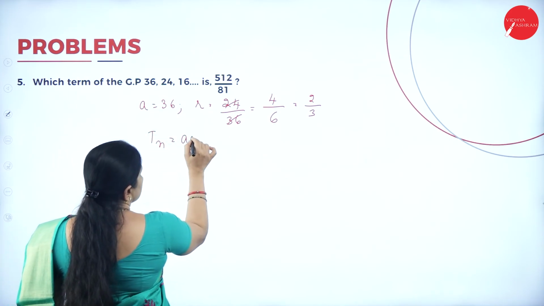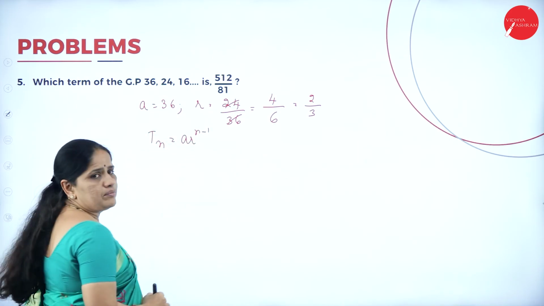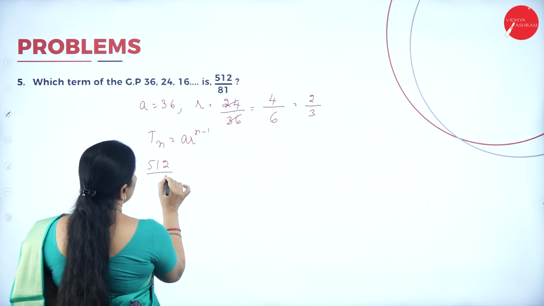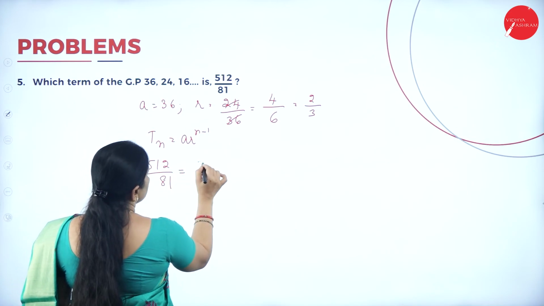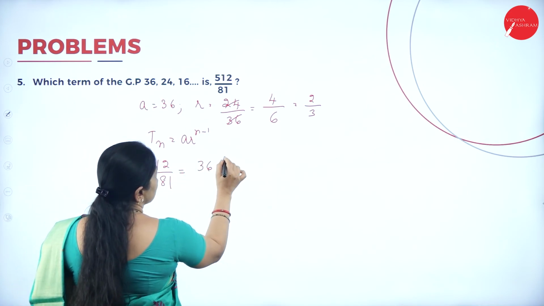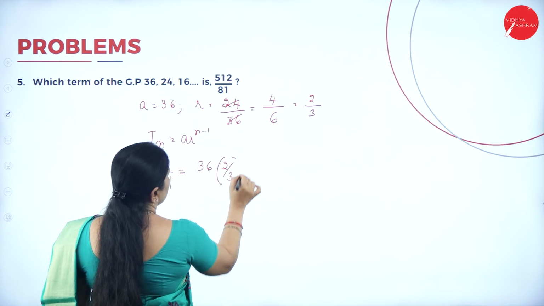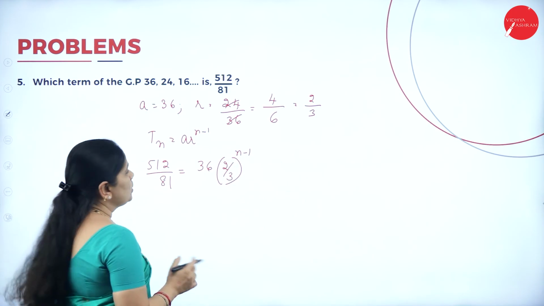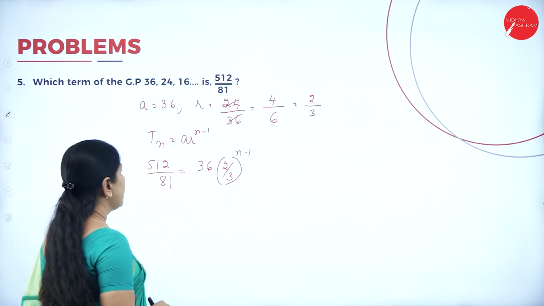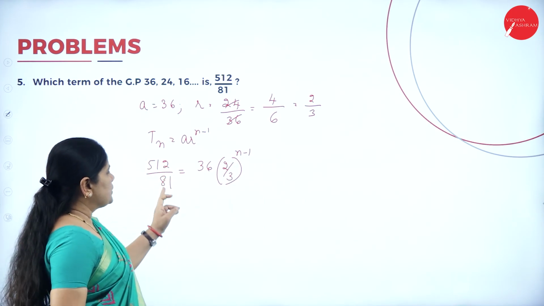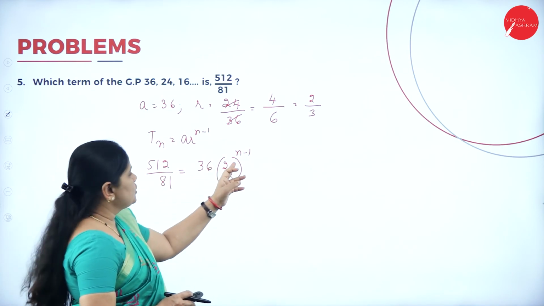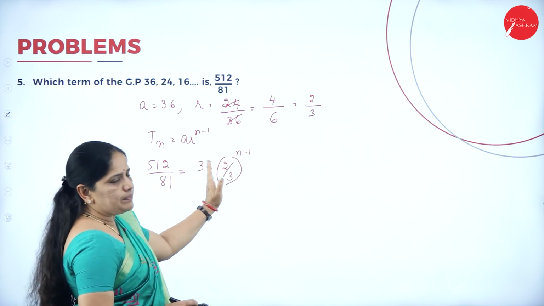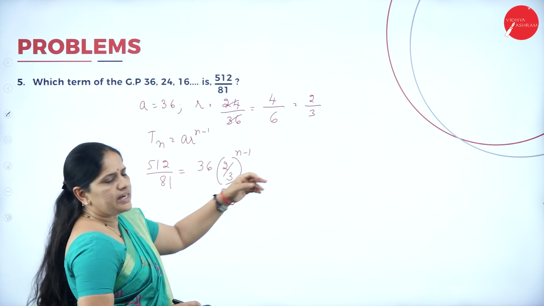Tn equals AR to the power n minus 1. So they have given us 512 by 81 equals 36 into 2 by 3 whole to the power of n minus 1. I don't know n, so I have written n as it is. Now I cannot multiply this because there is a power here, n minus 1.